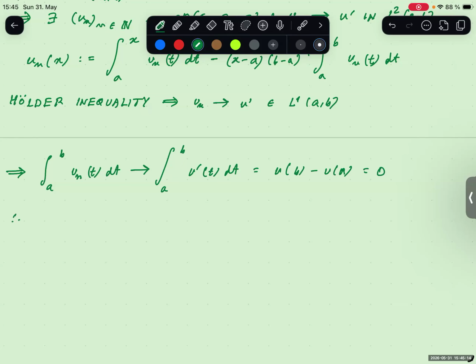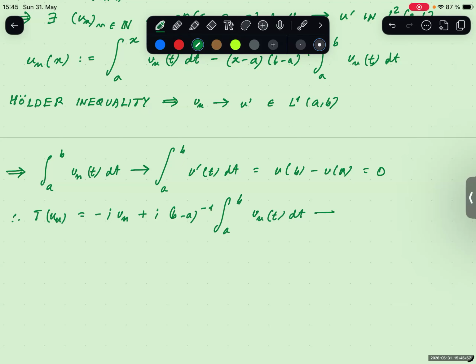Therefore, T u_n, sorry, just u_n, because u is t, u_n equals minus v_n, which we just saw, plus the other part, i(b minus a) inverse times the integral from a to b of v_n(t) dt.